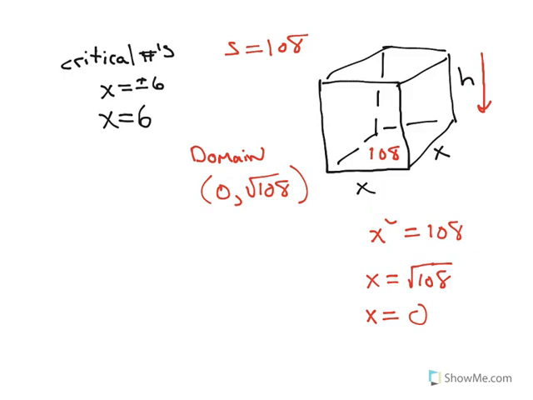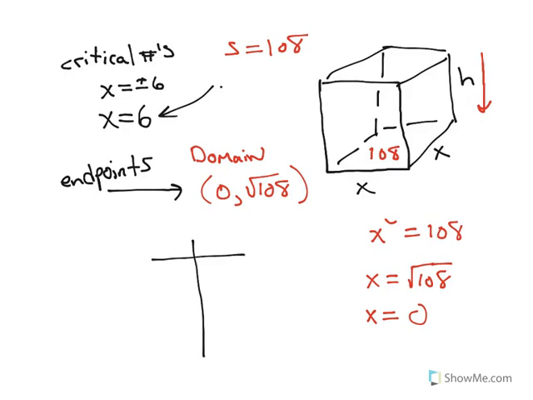So let's just go through the procedure. We know we could have a min or a max at a critical number, and we also know that mins and maxes can sometimes occur at the endpoints. So we're going to need to check all these. We're going to do an input-output table. What are the possible x values, and what do we get for a volume at that x value?